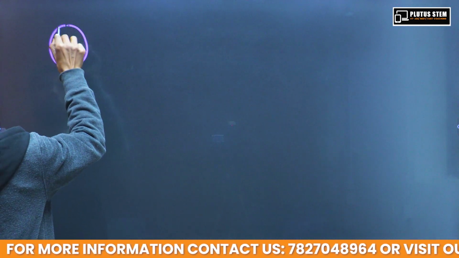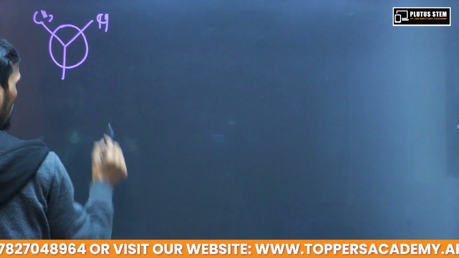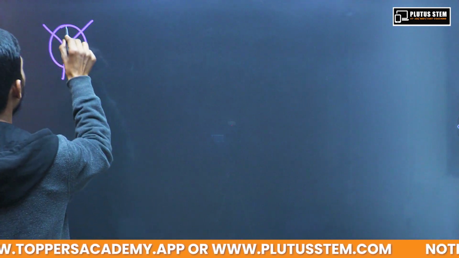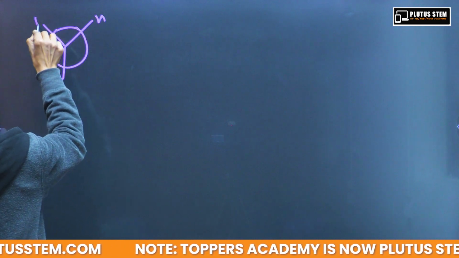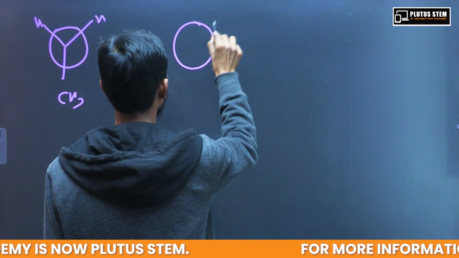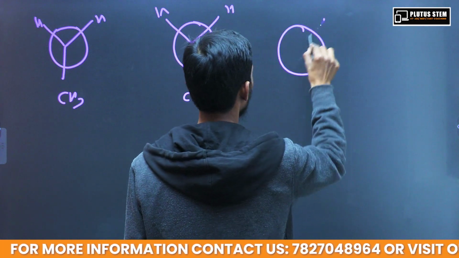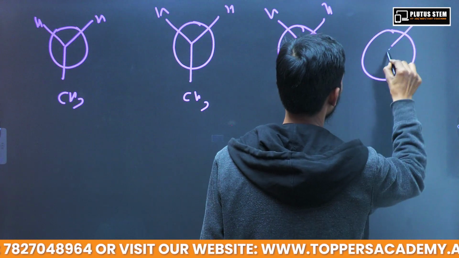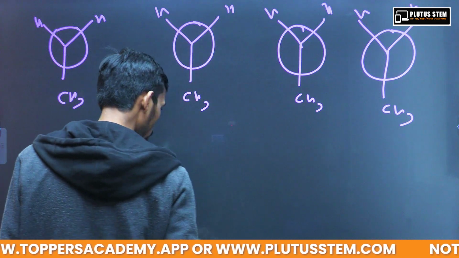One structure is hydrogen, hydrogen, CH3 at this side, again hydrogen, hydrogen, CH3, again hydrogen, hydrogen, CH3, and the fourth one hydrogen, hydrogen and CH3. They are going to remain constant.